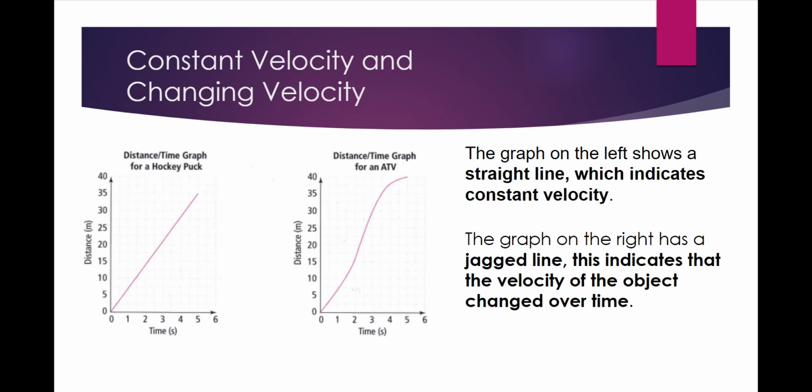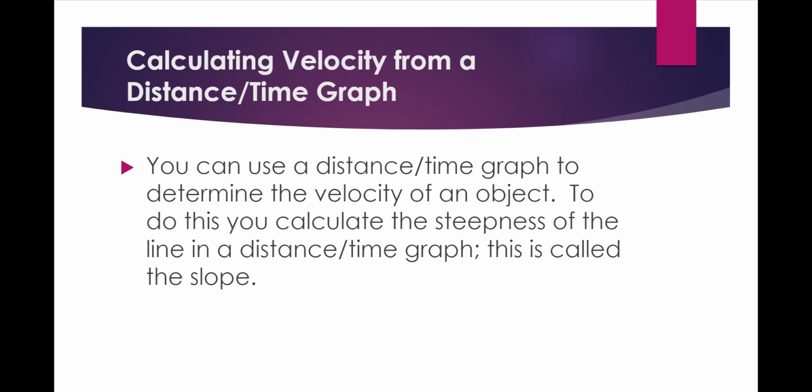And this is only on a distance time or displacement time graph. You're going to see later on, we're going to look at other types of graphs, for example a velocity time graph, which is an acceleration graph. These lines will look different in different circumstances.